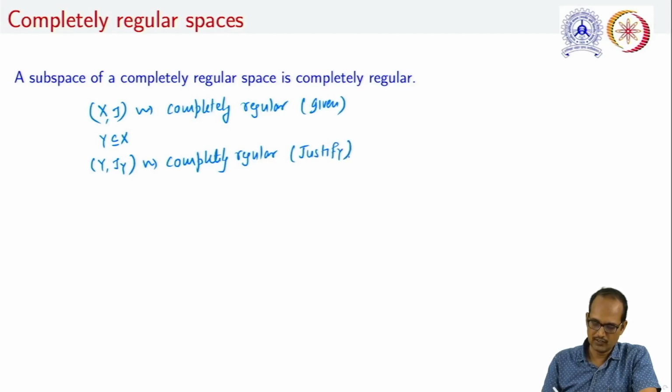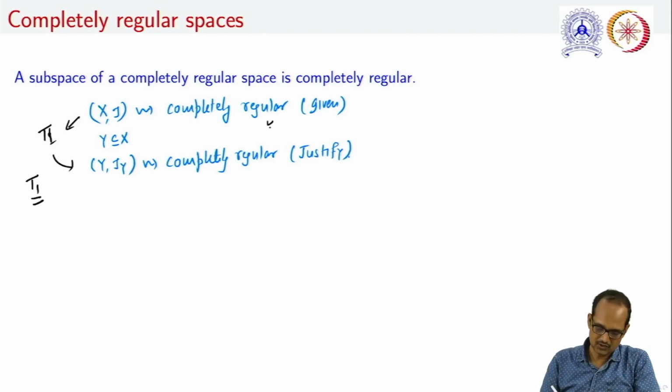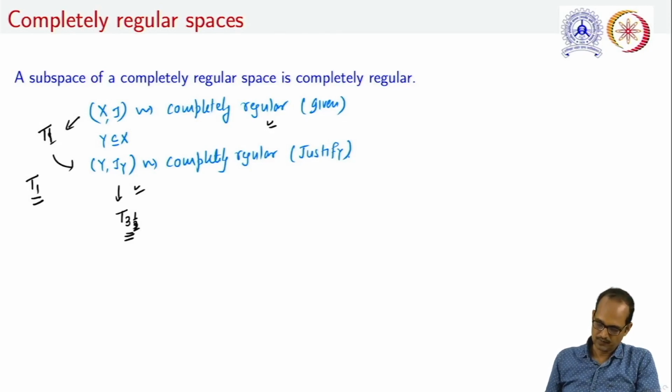So this is given to us and this we have to justify. It is to be noted that if this space is T1 then this will always be a T1 space. So what exactly we have to justify is that if this space is T3 and a half, then this subspace also satisfies the requirement of T3 and a half. So how to justify it?